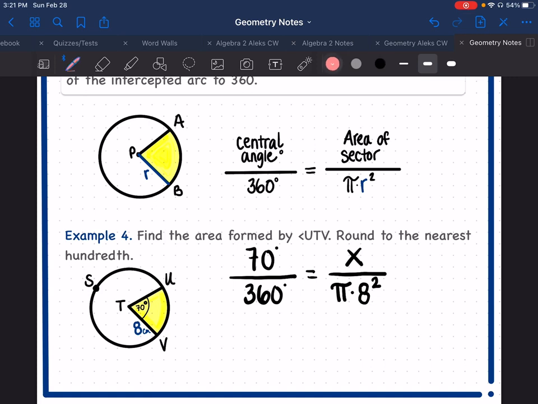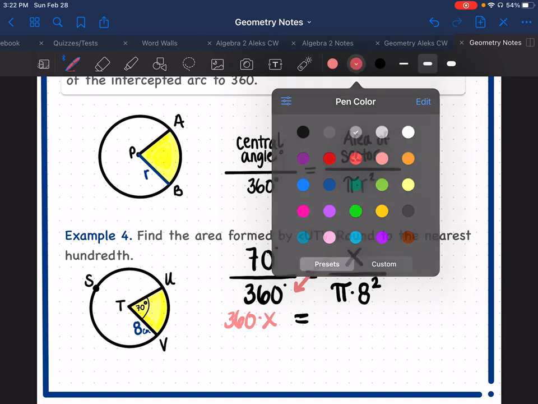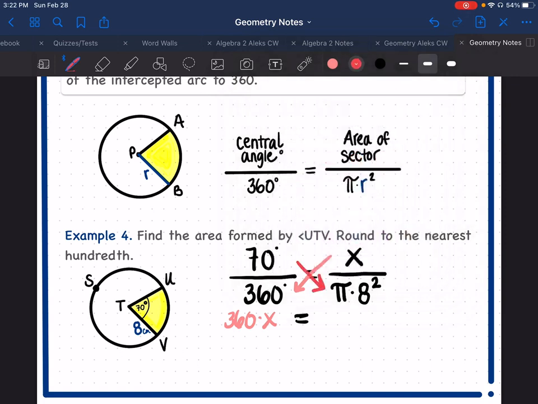All right, I'm going to crisscross multiply, which means I'm going to multiply 360 times x, and it's going to equal 70 times 64, that's 8 times 8, times pi.